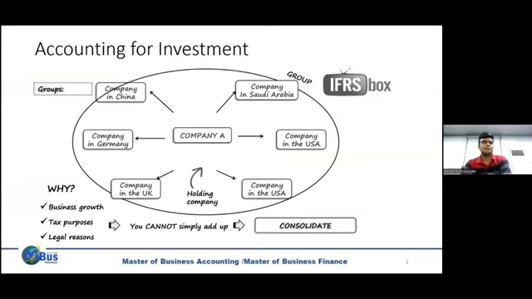So here what we are learning is investment, and how we are going to account for investments. I will start in a very simple way, because most of you have an accounting background and some of you don't, and even those with an accounting background may not be thorough in the investment or consolidation area.